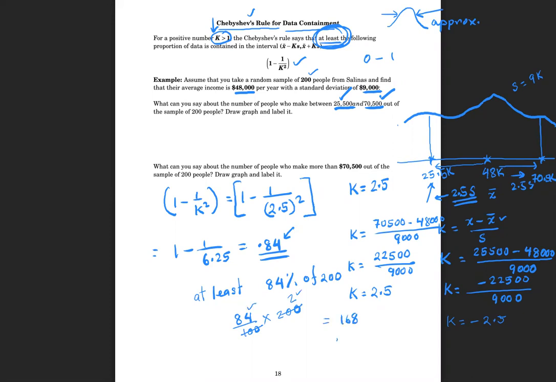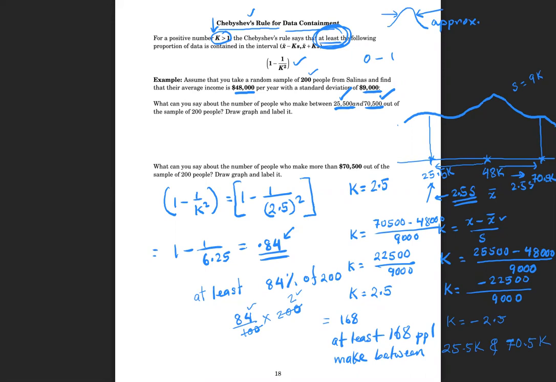So at least 168 people make between 25.5K and 70.5K. That's how you do this problem.